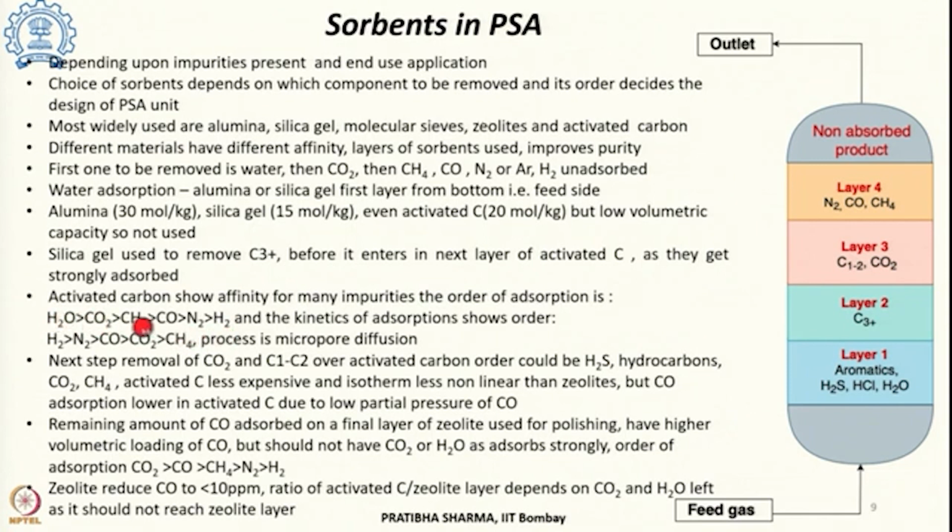In activated carbon, usually the process used for separation is micropore diffusion. If we look at the kinetics of adsorption in activated carbon, the fastest is for hydrogen, then nitrogen, then carbon monoxide, carbon dioxide and methane.